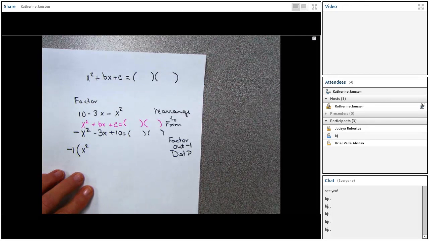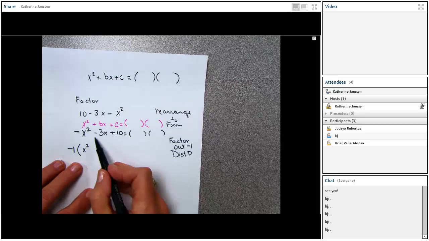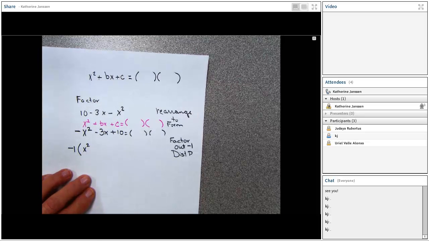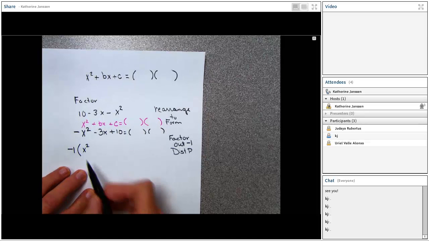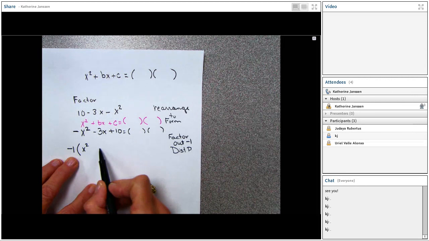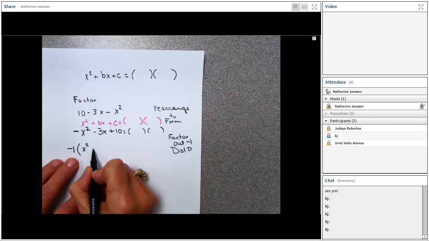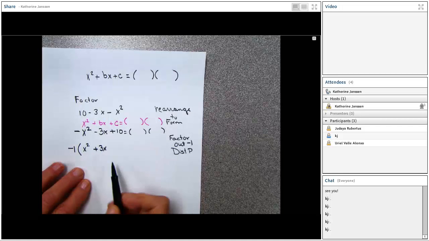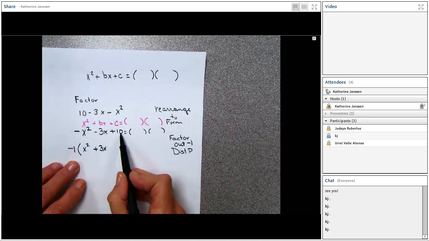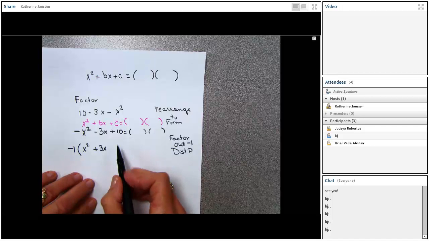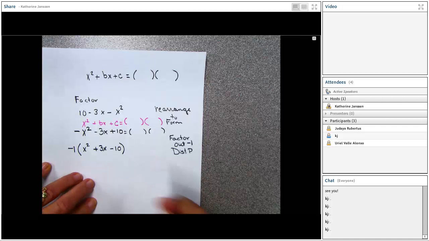Positive x squared. Remember, we're looking for the opposite of our polynomial. We're just changing the sign of each term. And distribute a negative 1 times what would give you a negative 3x? Positive 3x. And distribute a negative 1 times what would give you 10? Negative 10.